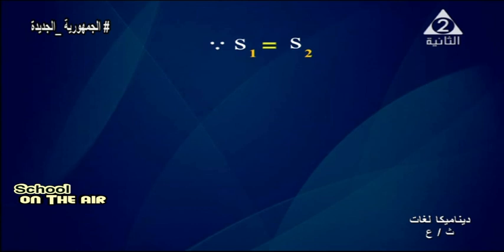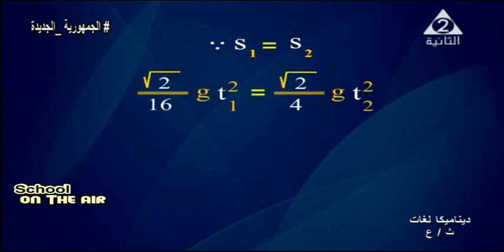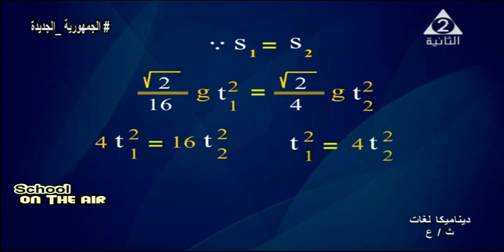Since S1 equals S2, then root 2 over 16 g t1 power 2 equals root 2 over 4 g t2 power 2. Then 4 t1 power 2 equals 16 t2 power 2, and t1 power 2 equals 4 t2 power 2. Square root of t1 power 2 equals t1, and square root of 4 t2 power 2 equals 2 t2. Then the time taken in the first case equals twice the time taken in the second case.